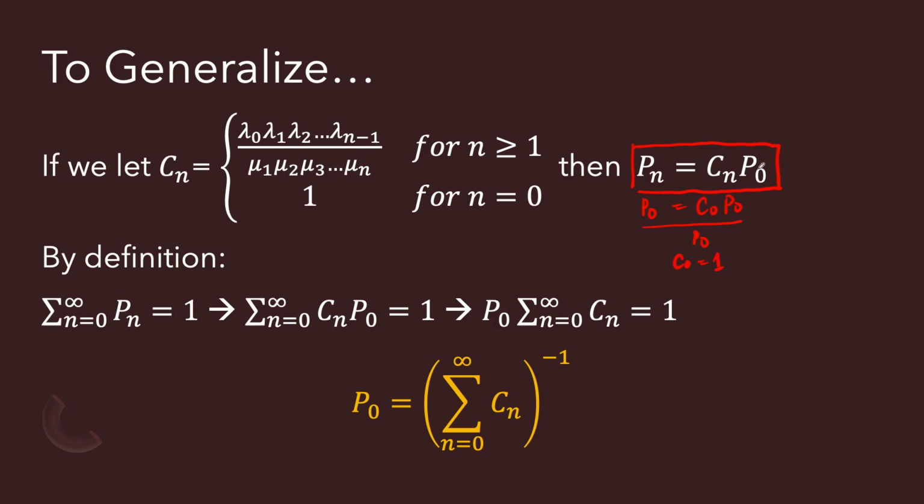Because P sub n is equal to this, we can substitute it, equate it to 1, and factor out P sub 0, so it becomes this. And therefore, what we now have is a formula for P sub 0. We are now able to find the probability that there are no customers inside the system. All we have to do is get the summation of C sub n from n equals 0 to infinity, and then get its reciprocal.